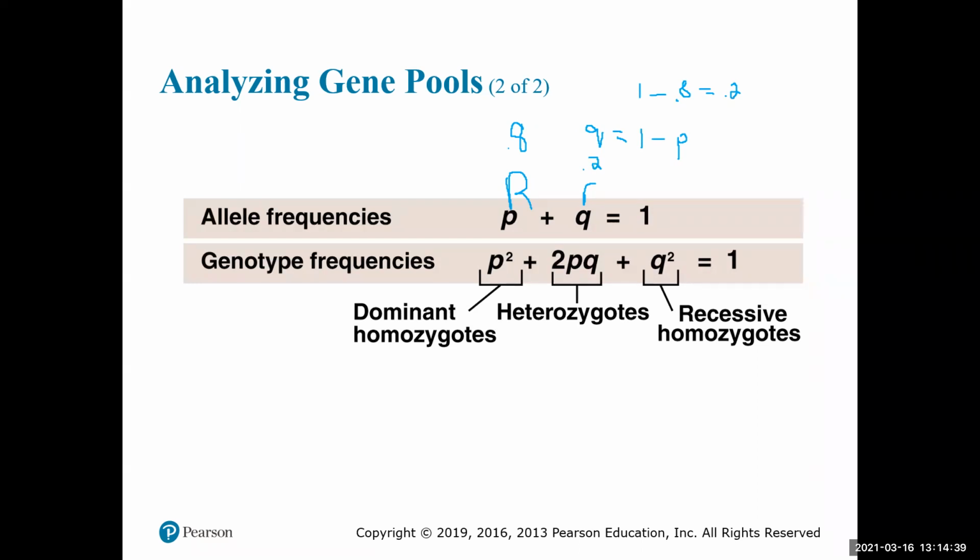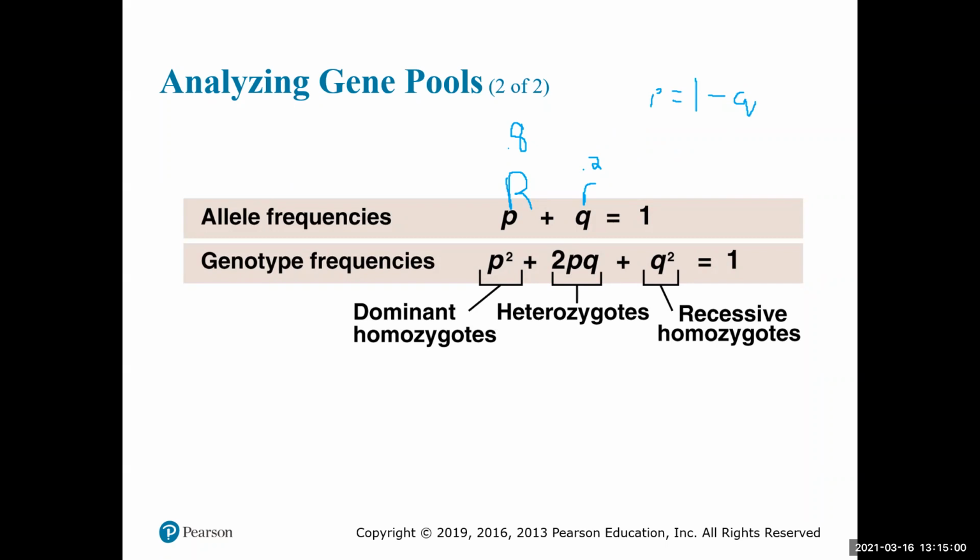Now you can do the same thing if you knew Q and you didn't know P. If you know Q but you don't know P, then P would equal 1 minus Q. So you just rearrange this allele formula. Now we can determine the genotype frequencies.